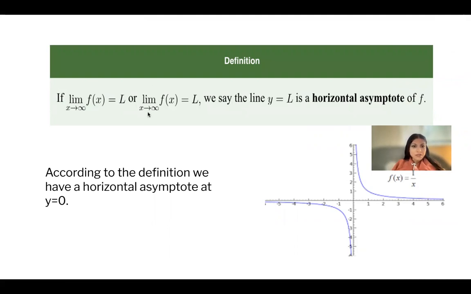It probably is, because there's no difference between these two notations. So make sure one of these is negative, please. We say that y equals L is the horizontal asymptote of f. So that's a formal definition. Let me adjust what I just said. One of these should have a negative infinity. So it's interesting.